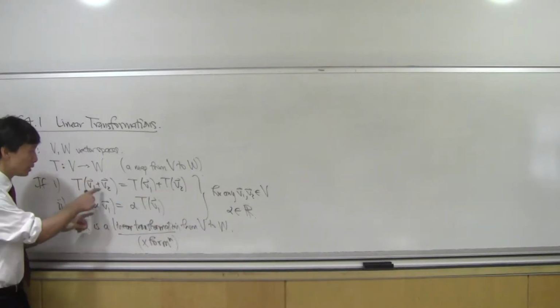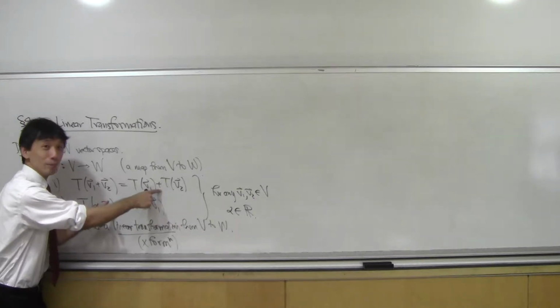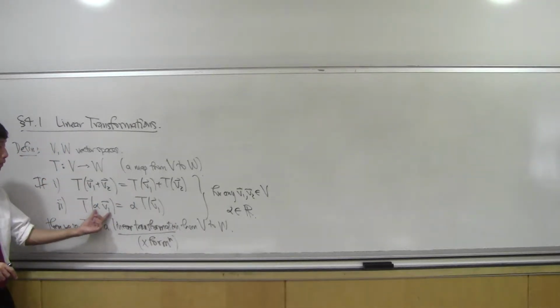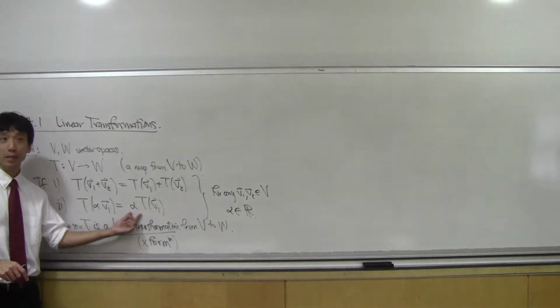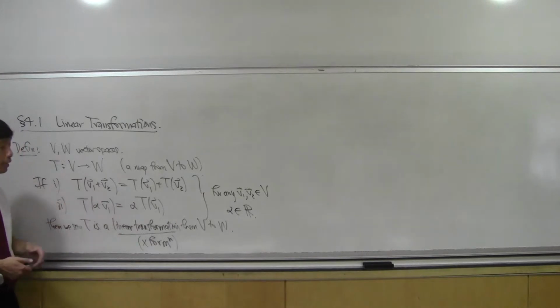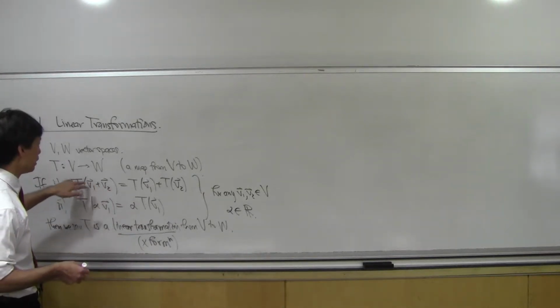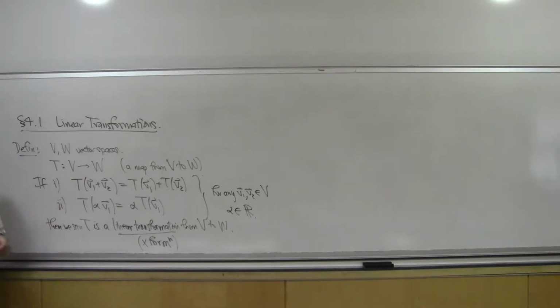Notice that these two pluses are actually different pluses: this is the plus in V, and this is the plus from W. Similarly here, you either scale in V and move it over, or you move it over and then scale it in W. Either way is fine. So one way of saying this is that a linear transformation preserves the vector space structure.